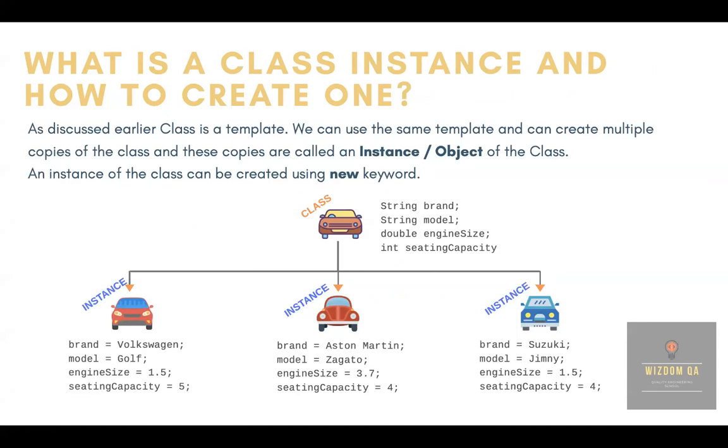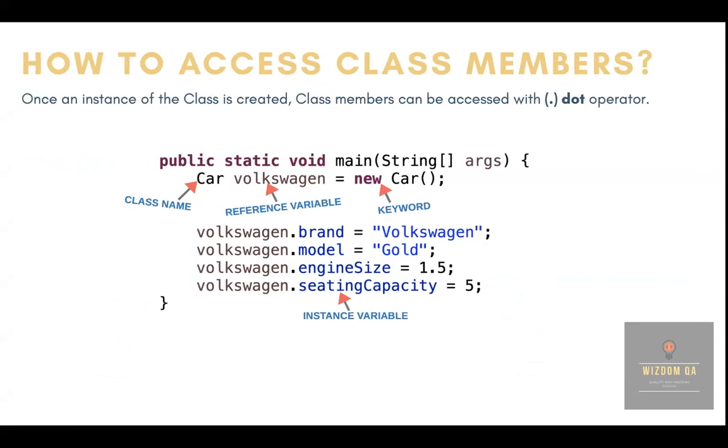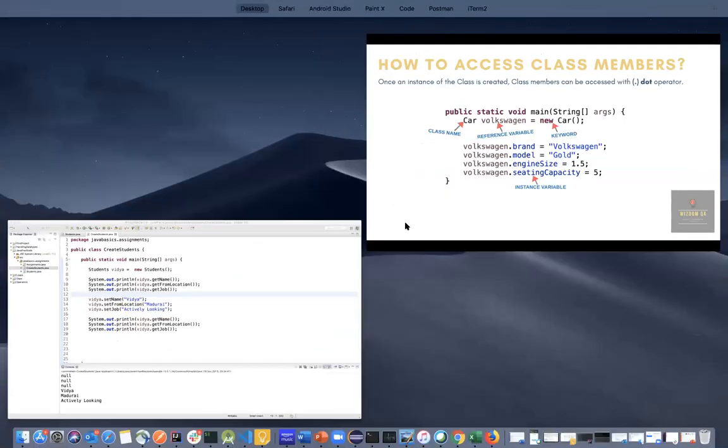That instance has all the different values. But when you write Car Volkswagen = new Car, this guy here is a variable. It's a reference variable.